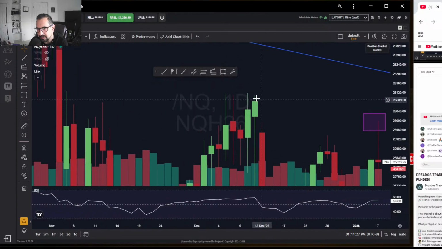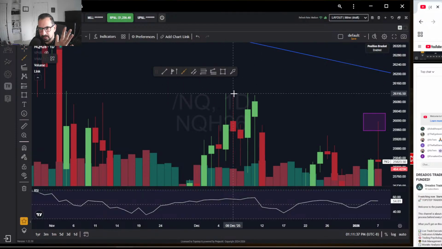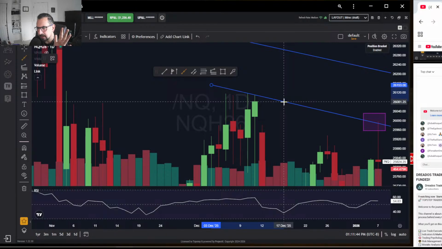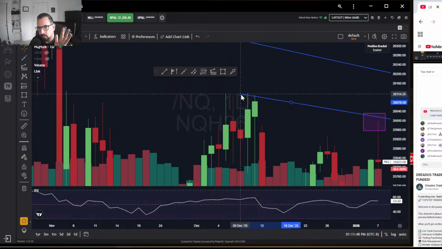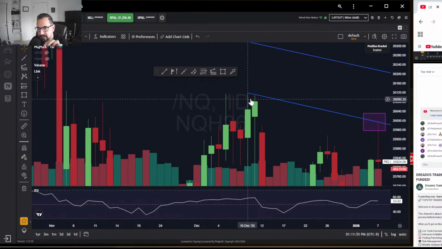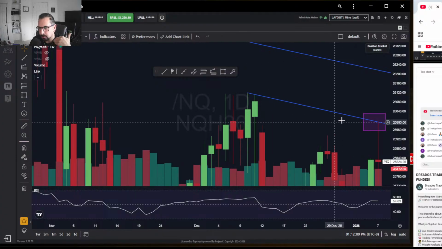When you see this, like there's something invisible that's creating a line through two wicks like this, always draw it. Always make sure you draw it, because once you have two, there's a potential to create a trend. And you want to draw it and see how price reacts to it.